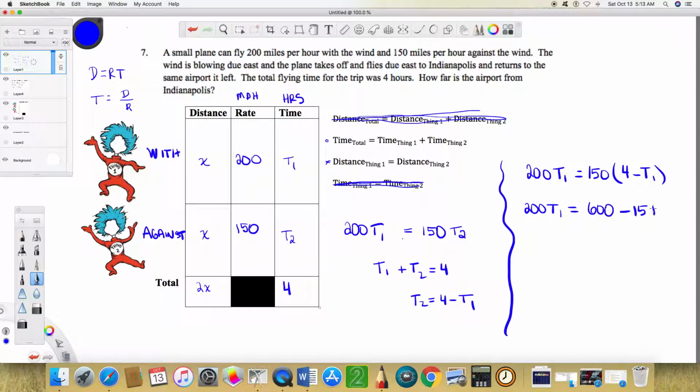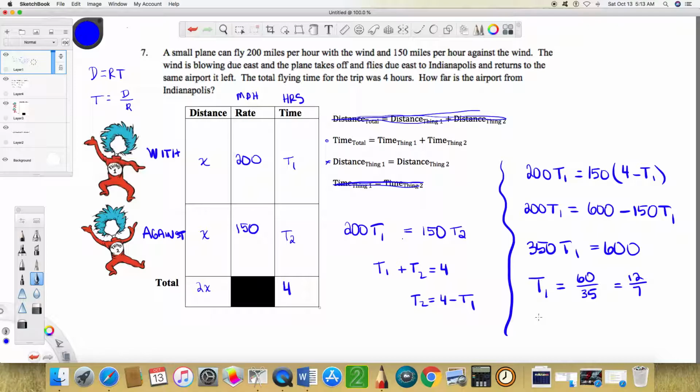Minus 150 t1. If I add that to each side, 350 t1 is equal to 600. 60 divided by 35 reduces to 12 over 7, right? Yeah.